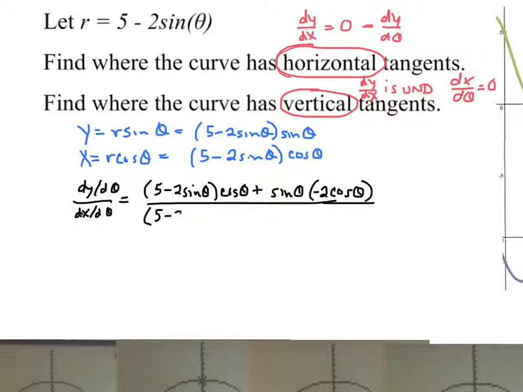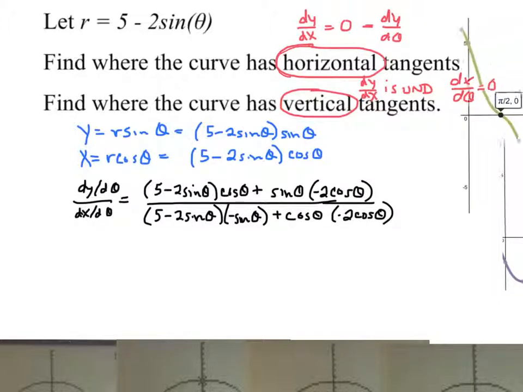First times derivative of the second plus second times derivative of the first. Now, here's what I did. I actually graphed just dy d theta, and I did it in my y equals, and every time I saw theta I just made it x, but here's what I got.